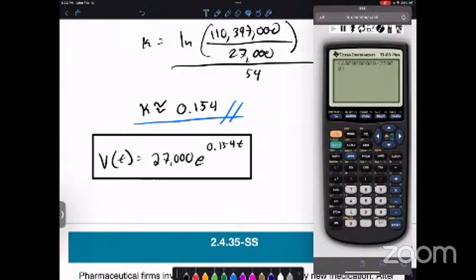Then I'm going to insert my natural log, because I'm taking the log of that. Then that log, I want to say divided by 0.154, just with the slight change. Okay, and we should get an 80.